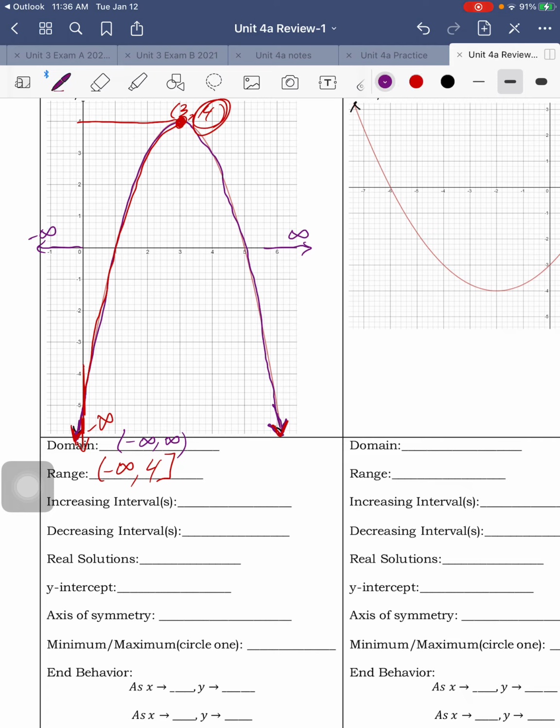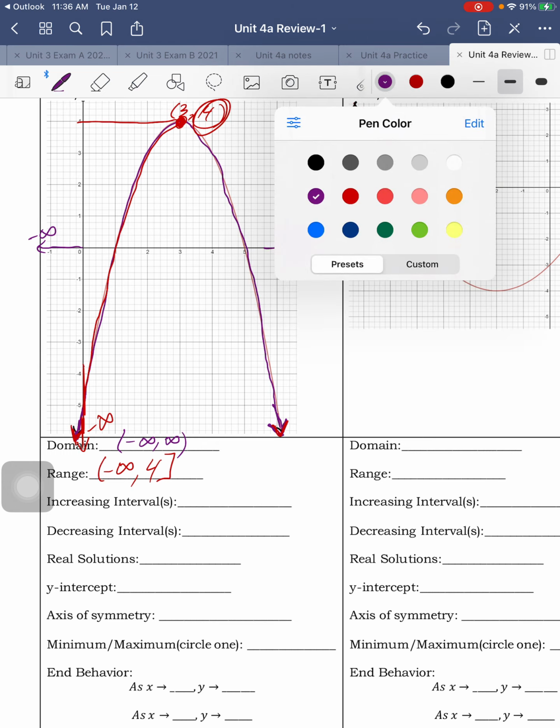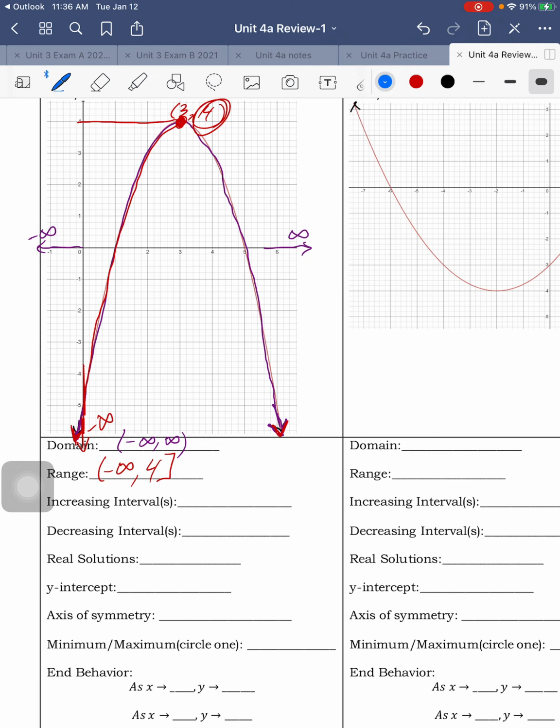Increasing and decreasing intervals: we're labeling the graph from left to right. Starting from the left and going right, you're going uphill, so that's increasing. And then it turns and goes downhill, so that's decreasing.